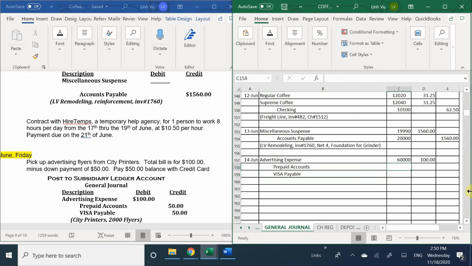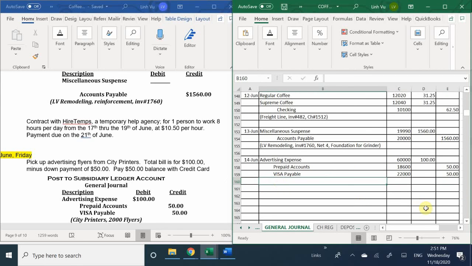Here my prepaid account number is 18,600, and then my Visa payable is 22,000. Good. So again, I'm redeeming my $50 voucher, and all that's left remaining is my $50 payment on my credit card.